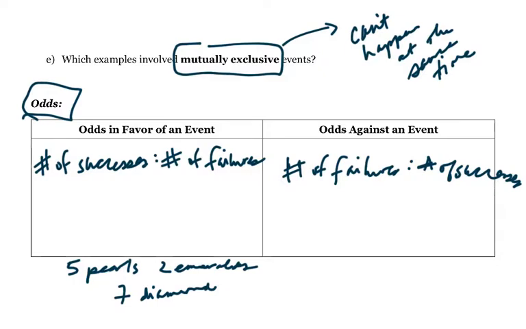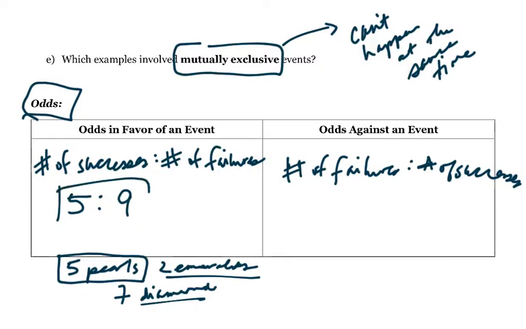So a success, in that case, if I was looking for a pearl, would be 5, and my failures would be the sum of everything else. So 7 plus 2 is 9. Now I wrote it in the colon ratio form. You could also write it as a fraction, 5 to 9.